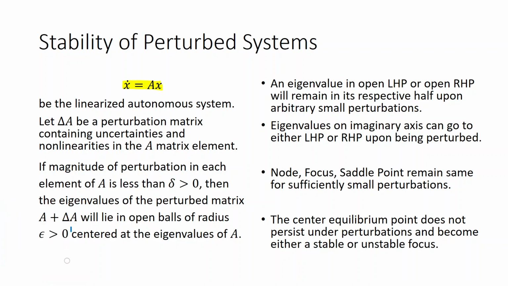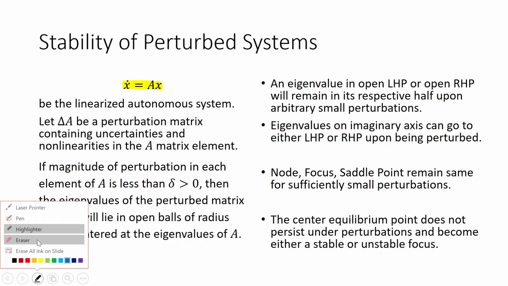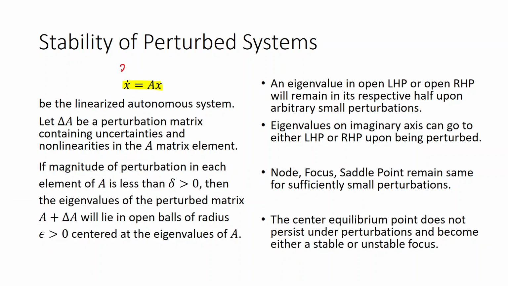So basically x dot equals (A plus delta A)x now becomes an uncertain or a non-linear system, delta A consisting of the uncertainties and non-linearities in a very local region. We have to think in this manner.